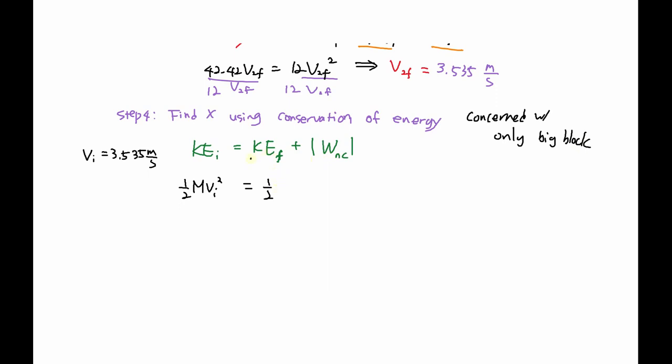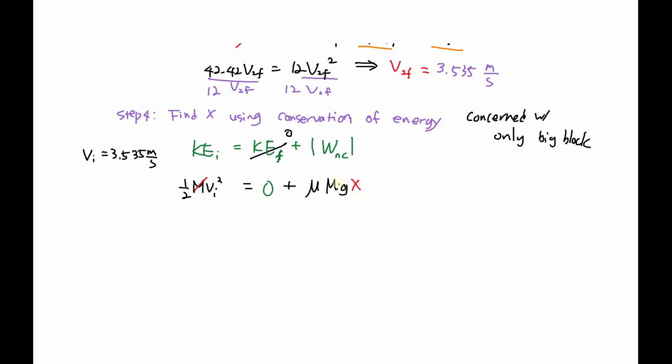You don't have to write anything for our final because it's stationary, or we are looking for when the big block stops, so that just takes 0, and the non-conservative becomes mu times the normal force, big N, G, and X is what I initially chose. So we have to find the distance.